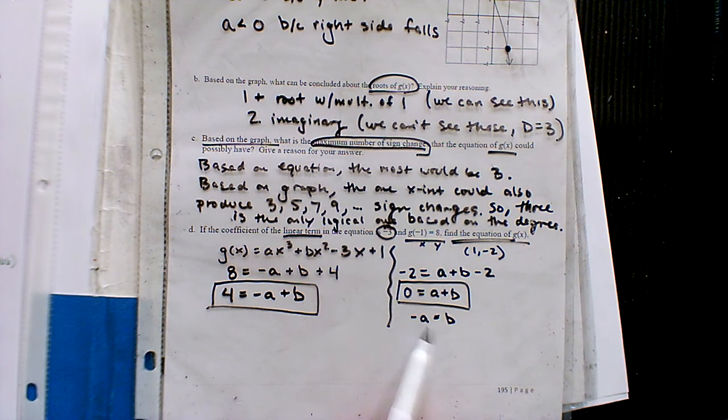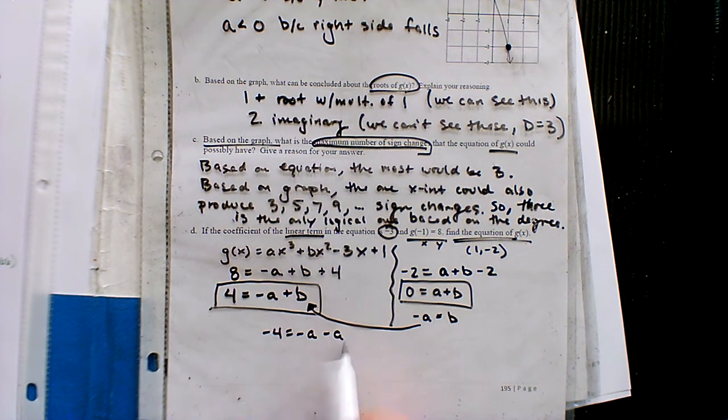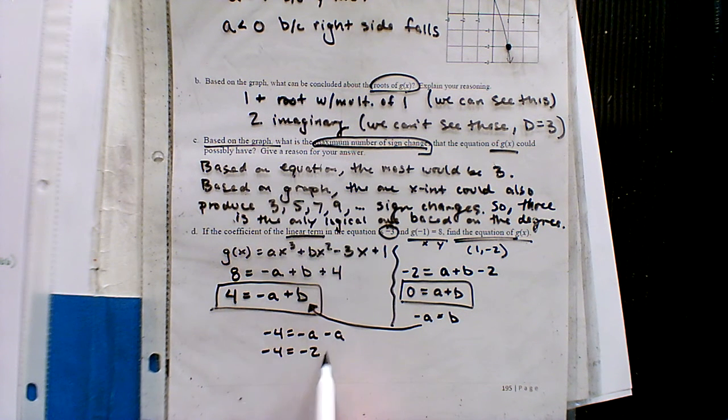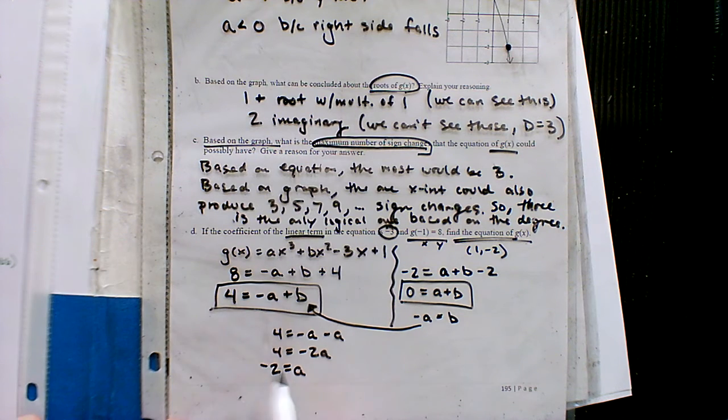So B equals -A. I'll plug that in here. So divide -2, we'll get 2. Oh wait, this shouldn't be negative. So this should be negative. All right.